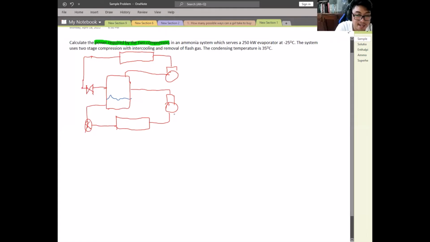So let's number the points. I am used to making number 1 always after the evaporator, going to the first compressor. So this is our point 1. This is our direction. Point 2 is entering our flash tank.